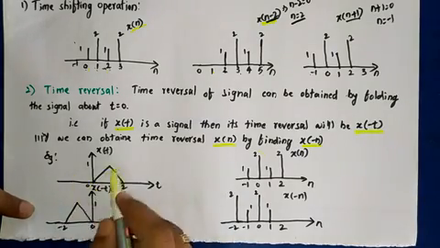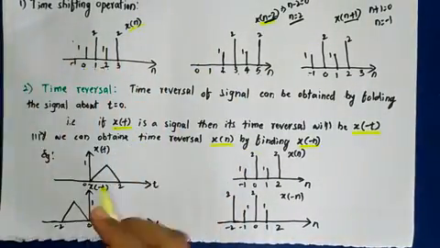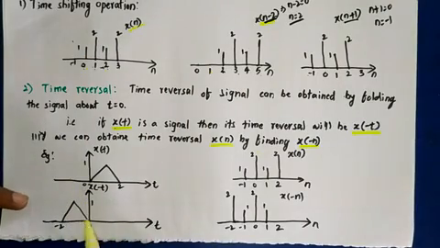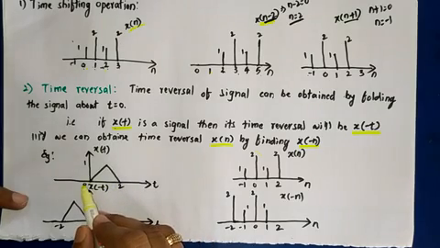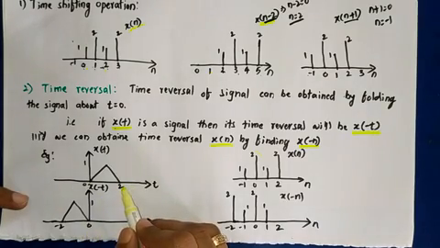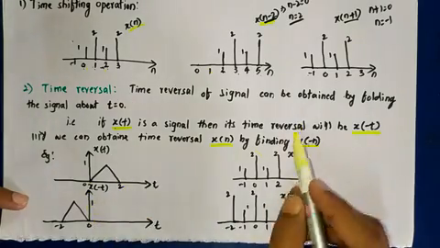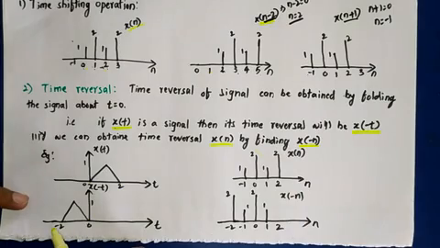So if I fold it, it will come to this side. So what will come here? Whatever the t values are there, t equal to 0 is a value, and minus 0 is also the same, 0 only. Here on the original signal t equal to 2, so if it is changed by minus t, what will happen, it will become minus 2.